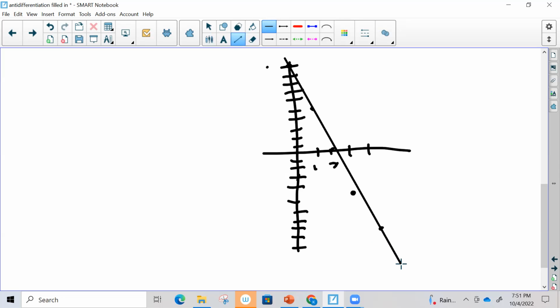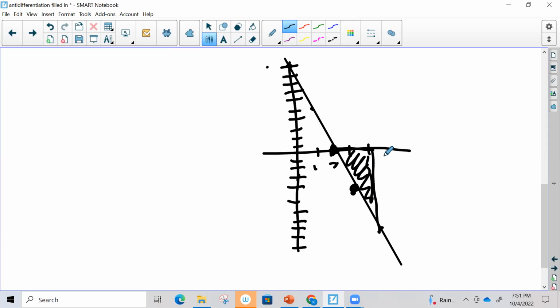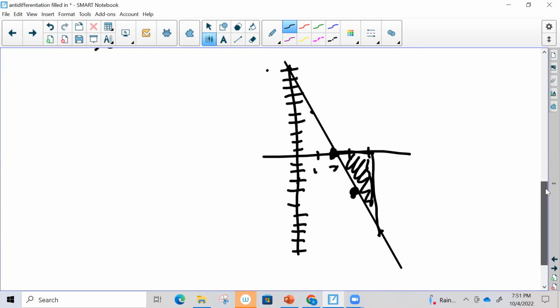So it would look like this line. This would be my 2, 5. And we would be finding the area. We're going to say this is 2. Between the x-axis and our curve. So we're finding this area. And again, because it's below the x-axis, it makes sense that it's negative.